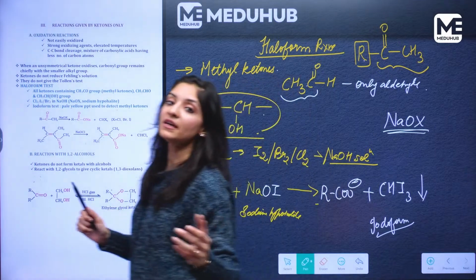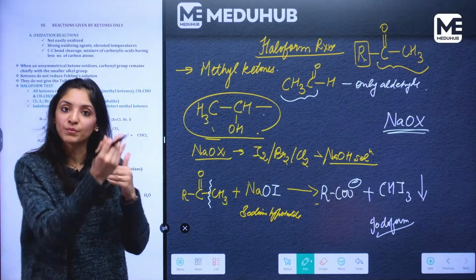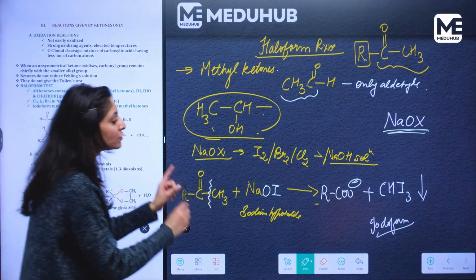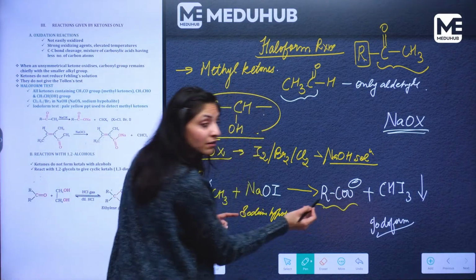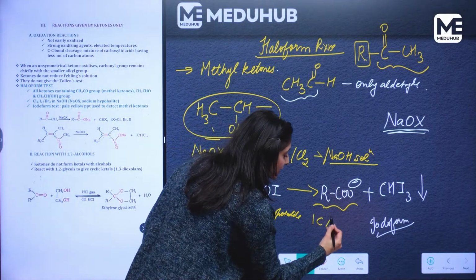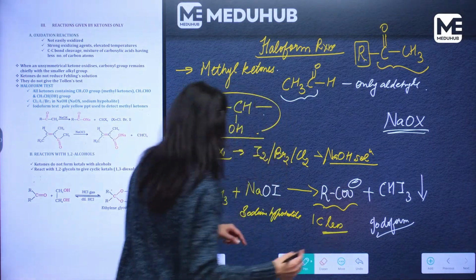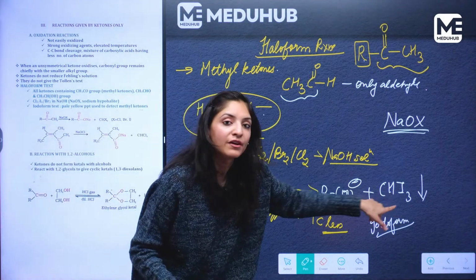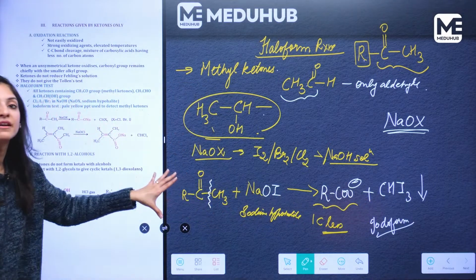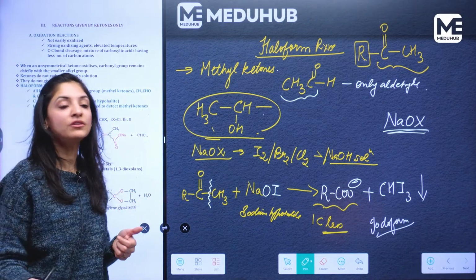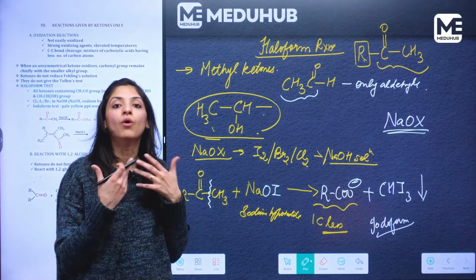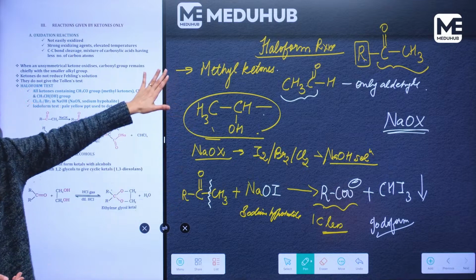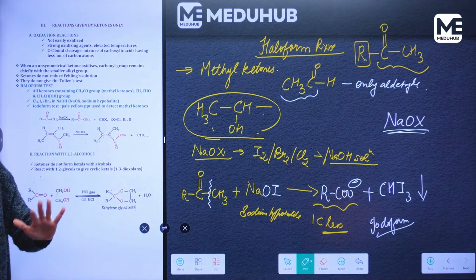So if we get a precipitate that is iodoform or any other haloform precipitates, we get to know that the ketone that we started with was a methyl ketone. The carboxylate ion we get here contains one carbon less than the parent ketone, because the methyl group here reacts with sodium hypohalite, giving us iodoform here. So this is a very important reaction called the iodoform reaction if we use sodium hypoiodite, or it's called the haloform reaction. So this is an important oxidation reaction of ketones, that is the only one given by ketones.